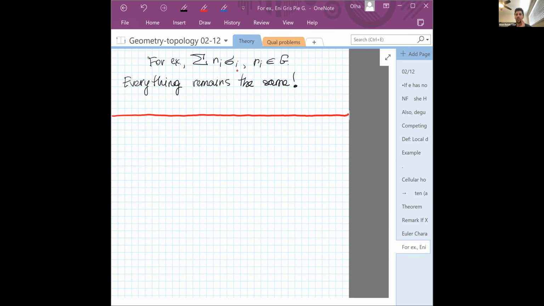And this gives you a Tor term that will be in this sequence in order to go from Z to other coefficients. We'll hopefully see more of this next week. They sometimes like to ask this on the qual, and they usually give a really easy situation where the extra thing that you need to compute, the Tor, is really easy to compute. It's usually either 0 or some Z mod something.